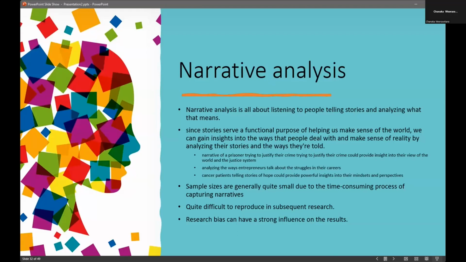If you interview an entrepreneur and he talks about the struggle in his career, then in the context of that narrative, the cultural background, what he has to go through when developing his business, the way that story is being told is important.